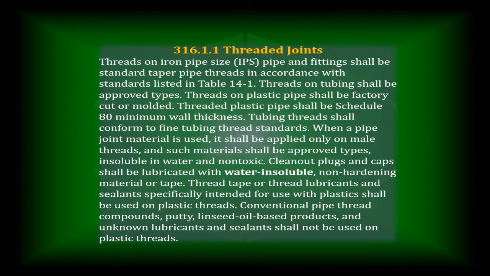Next, if a pipe joint material is used, it shall be applied only on the male threads, unless the manufacturer indicates otherwise. Conventional pipe thread compounds, like putty, linseed oil-based products, and unknown lubricants and sealants shall not be used on plastic threads.